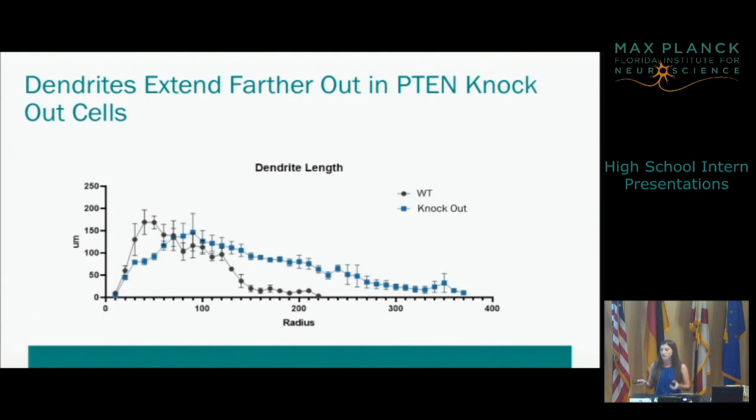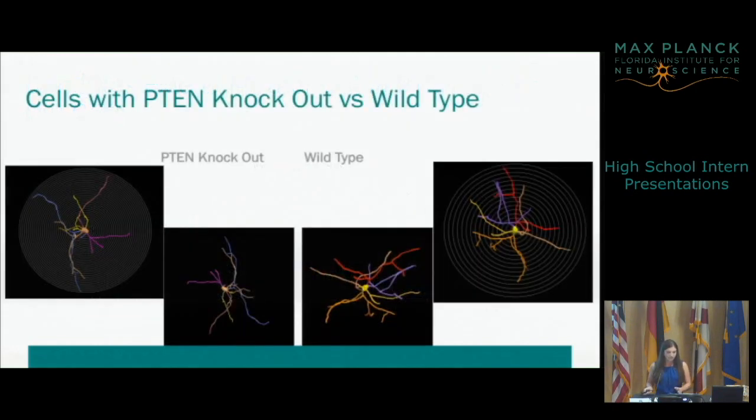They both look around the same size, even when I trace them. But when I did the analysis and made this graph, my mentor and I were completely amazed because this is a huge difference. If you look at these images, they don't look that different until you do this analysis.